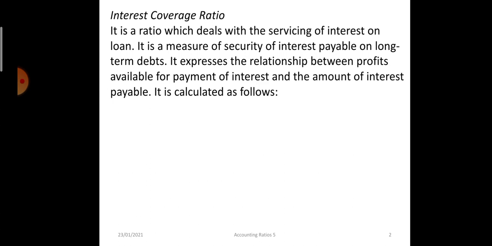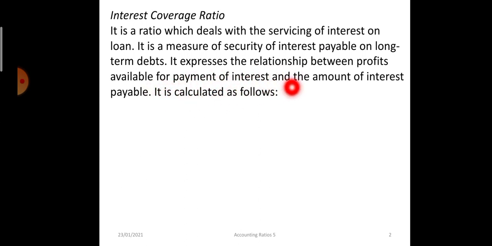So interest coverage ratio is the ratio which deals with the servicing of interest on loans. It is a measure of security. From the investor's point of view, it is a measure of security of interest payable on long-term debts. It expresses the relation between the profits available and the payment of interest.